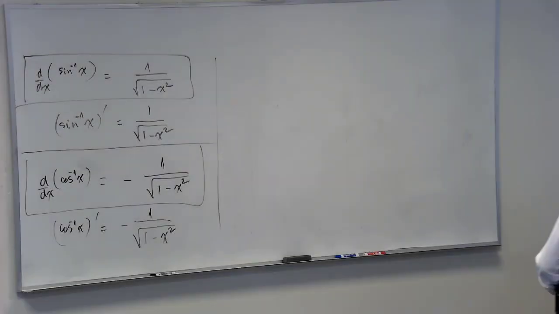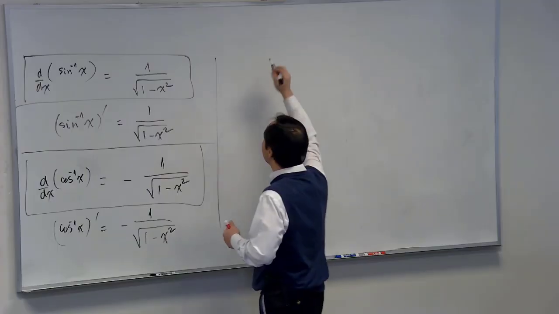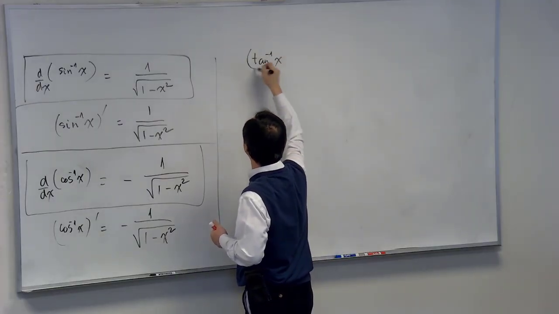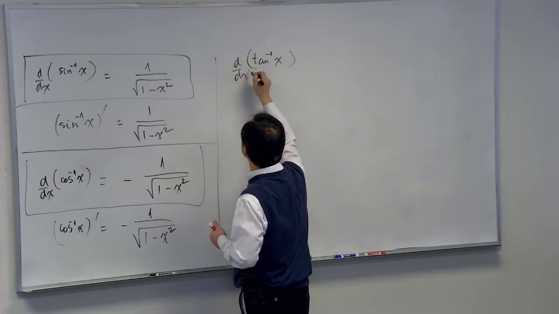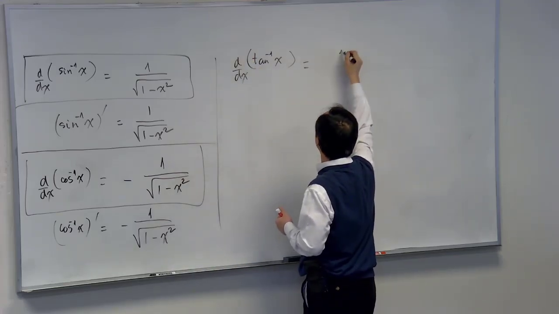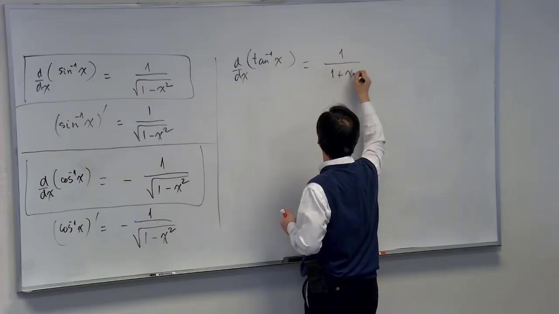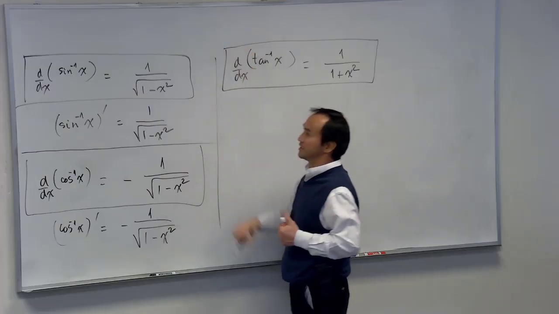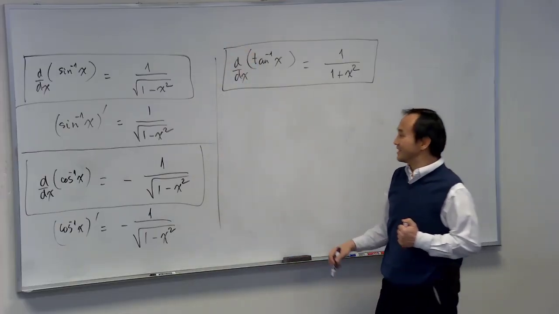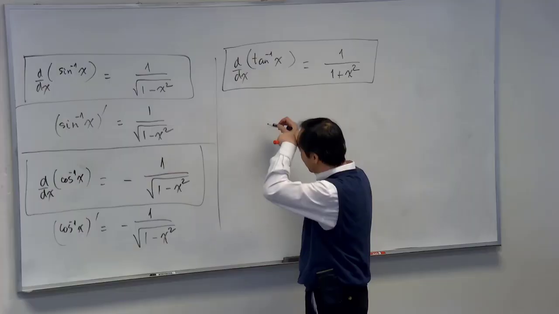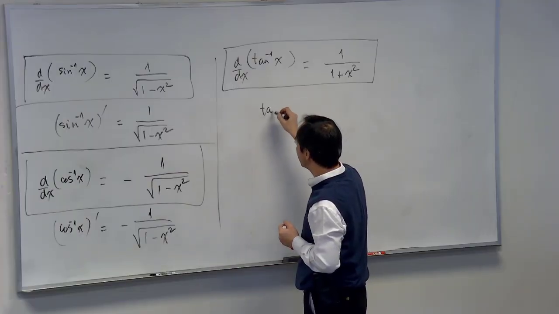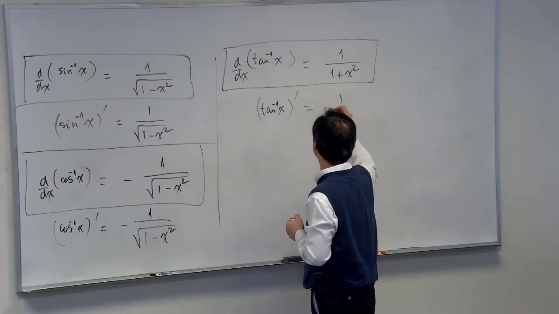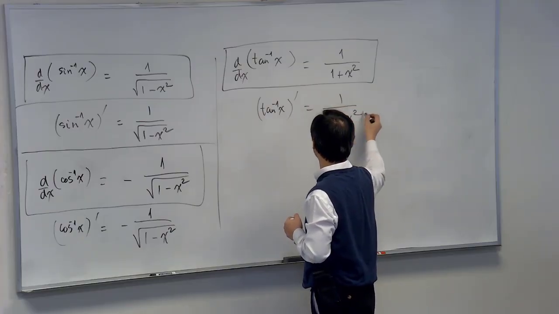So in that case, we have a third formula: when our function is tangent inverse of x, differentiating it simply gives 1 over 1 plus x squared. So this is another highlighted formula right there. And as a shorter version, take the prime of tangent inverse, which gives me 1 over 1 plus x squared.